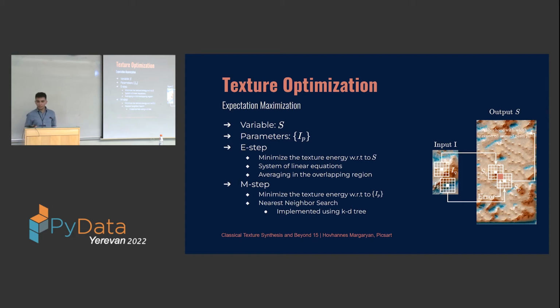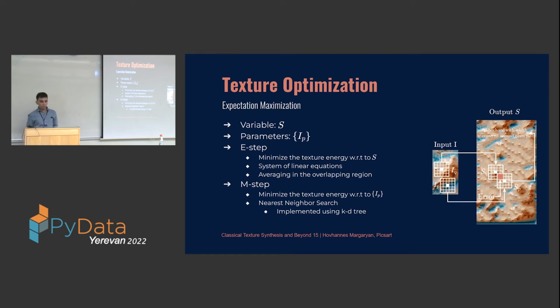An interesting case is when two patches in the output texture S overlap, namely SP and SQ. Then in the overlap region, the pixel intensity values are drawn from two different input patches, IP and IQ. And therefore, from this perspective, the goal of the E step is to assign the average of the corresponding pixel intensity values from the input texture to the overlap region in the output texture.